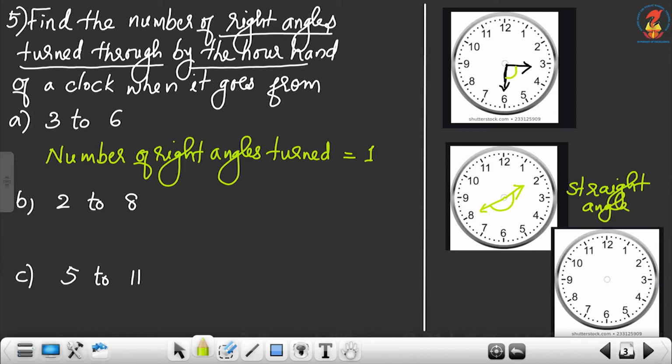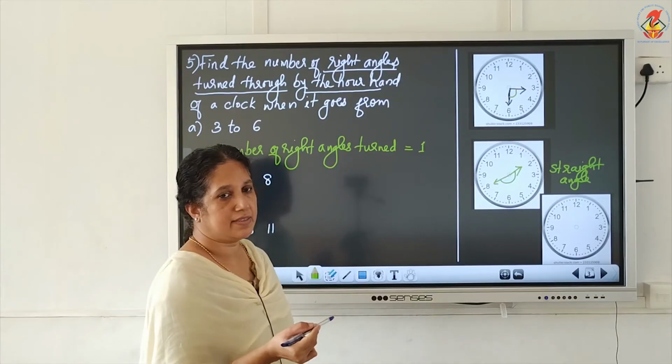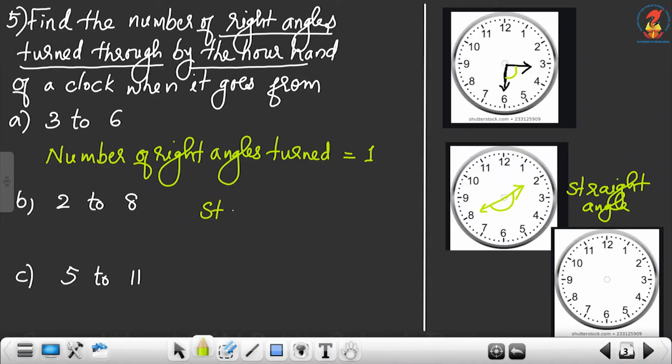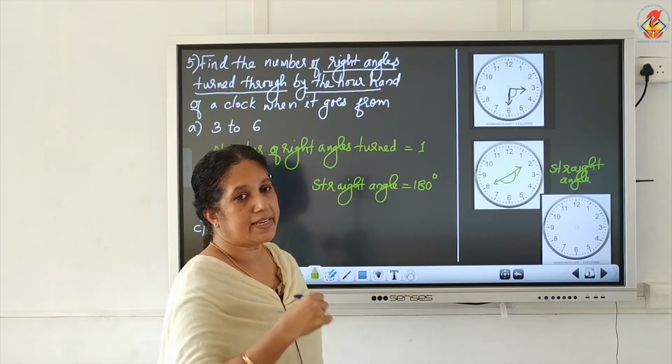Now, what is the measure of a straight angle? It is 180 degrees. So a straight angle means 180 degrees. And in one straight angle, how many right angles are there?